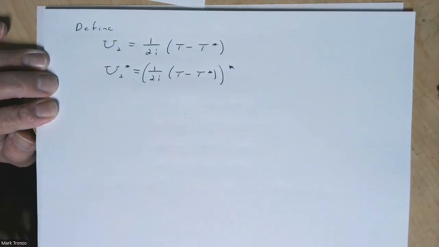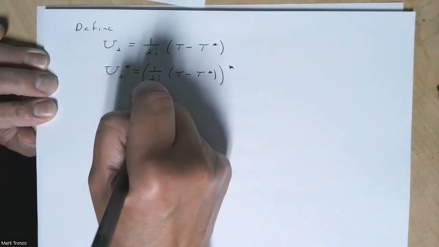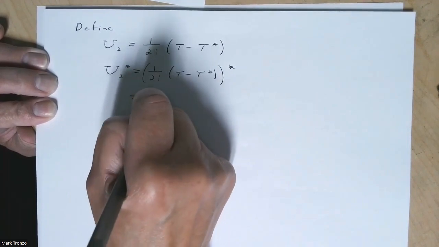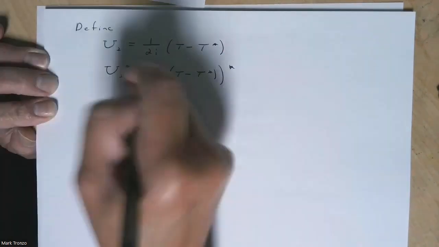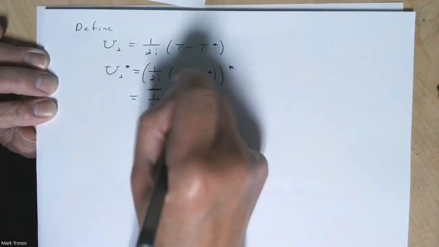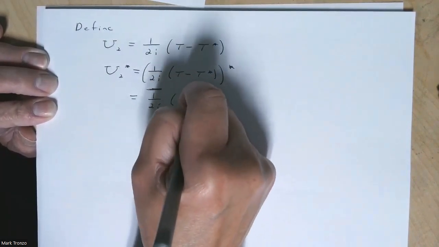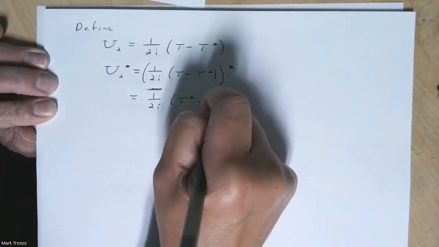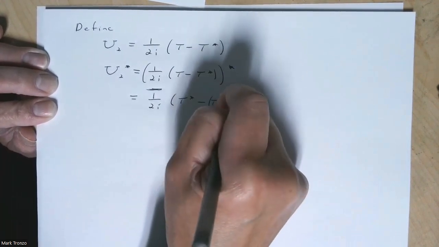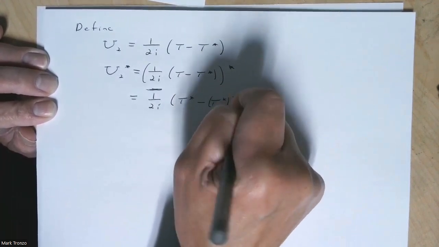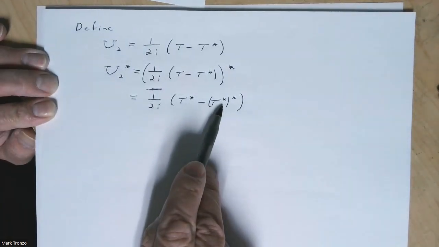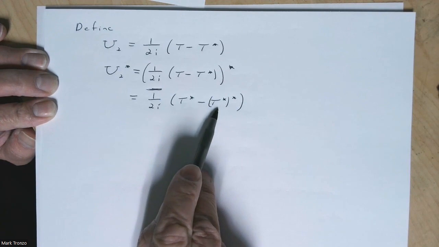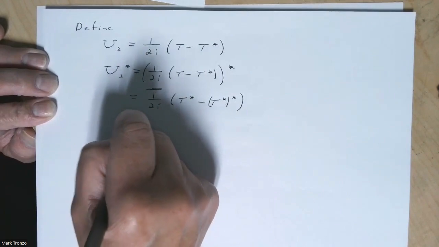Again, do all of our rules. If we have a constant inside, we can bring it out and find the conjugate of that. Then apply this in here, and this here. Once again, the adjoint of the adjoint gives us the original operator back.